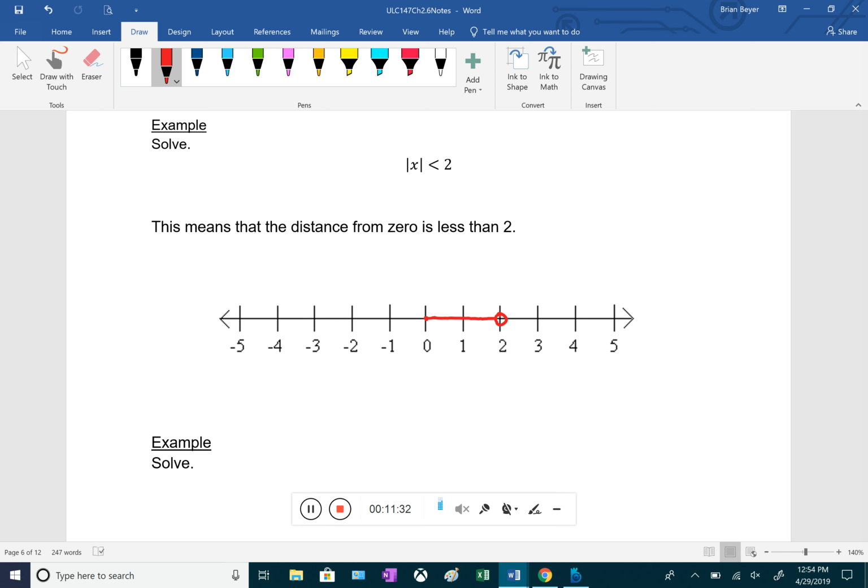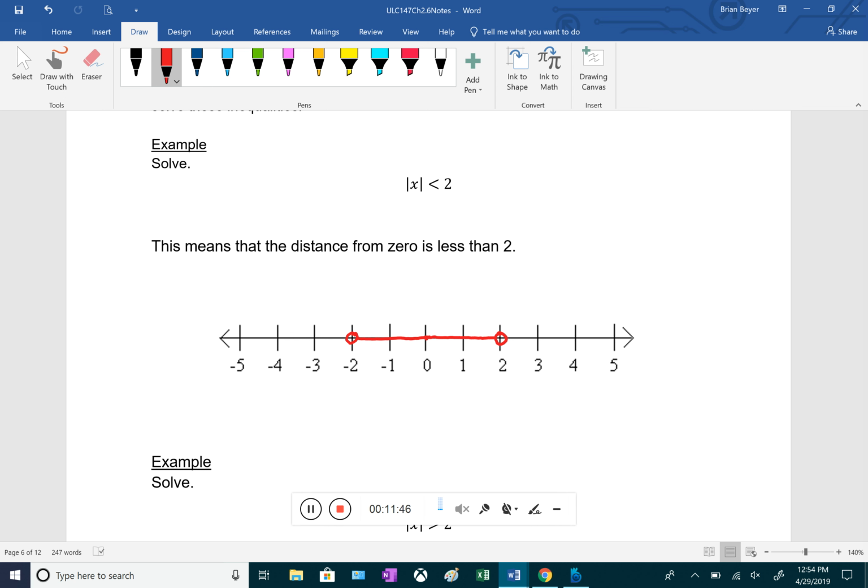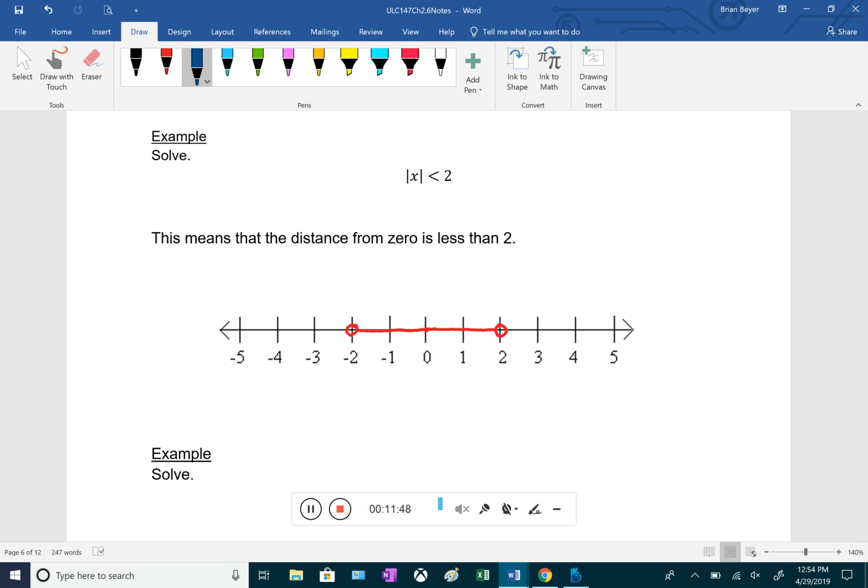So clearly any of those numbers are less than a distance of 2 away from 0 on the number line, from 0 to 2, but so are these numbers from -2 to 0. So the solution set is not only going to be from 0 to 2, but also from -2 to 0. So the solution set in general here is going to be from -2 to 2.